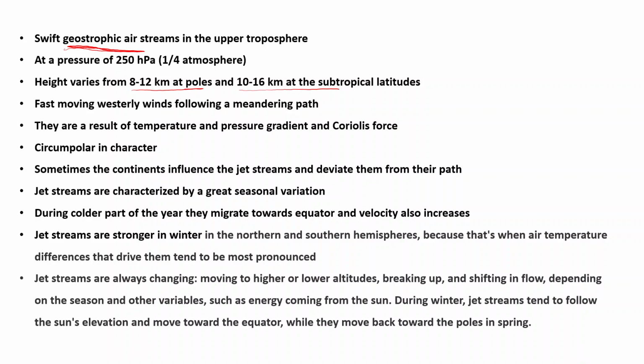So why does this happen? Because the jet streams operate at the tropopause, and the height of the tropopause varies as we go from the equator towards the poles.